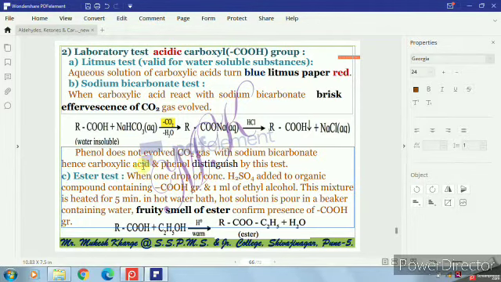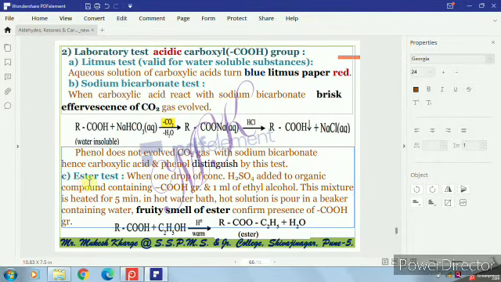Hence, carboxylic acid and phenol can be distinguished by using this test. Phenol does not show this test. Phenol has different laboratory tests. When phenol is treated with neutral FeCl3, if it gives a violet or green color, then we can say that phenol is present. That we learn in the phenol topic.